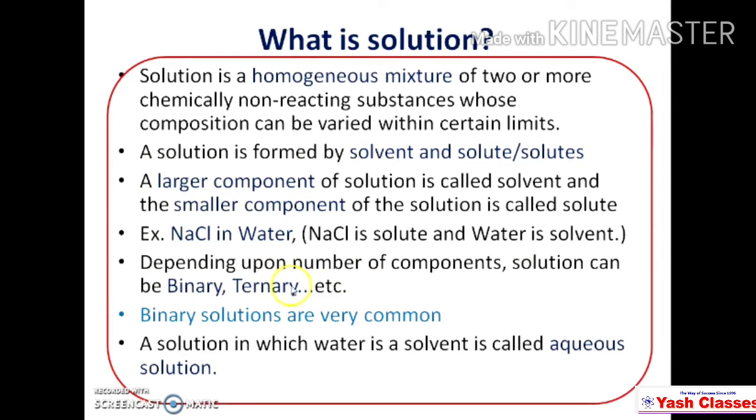So seawater is a polycomponent solution. Out of various solutions, a binary solution is a very common solution which contains two components, one is solute and the other is solvent. Now one more thing: a solution in which water is used as a solvent is called an aqueous solution.